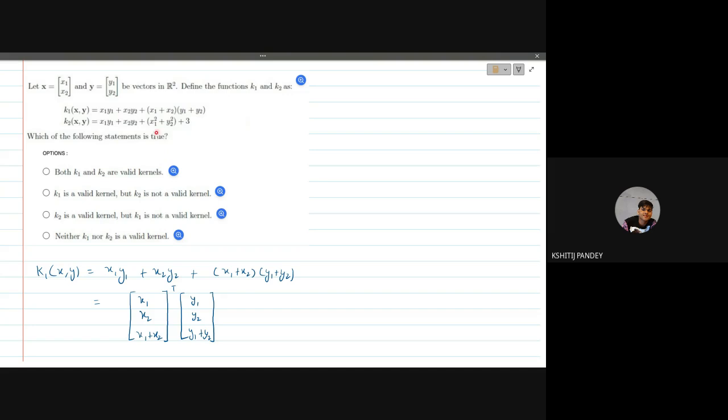Sorry, my bad. This is not a product of x and y components. This can't be factorized into a product of x component and y component. So that's why this cannot be represented in this way. This cannot be expressed as a dot product of two vectors.